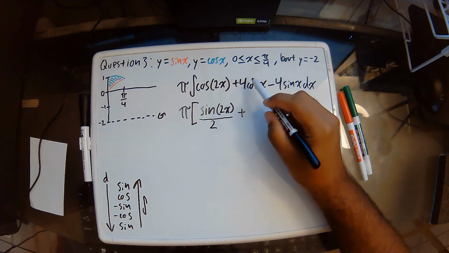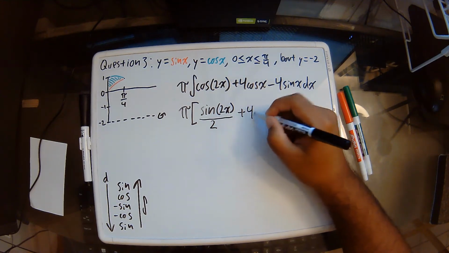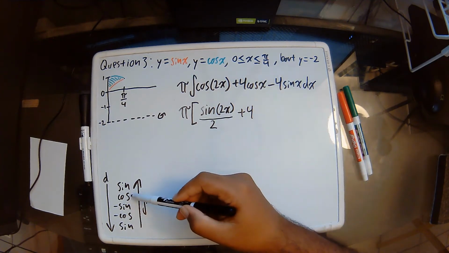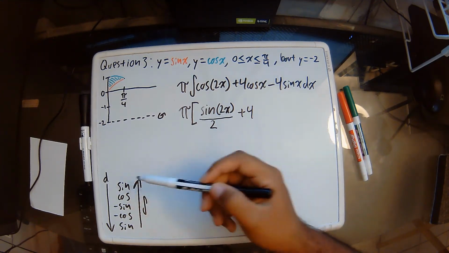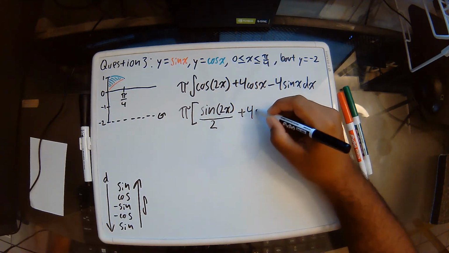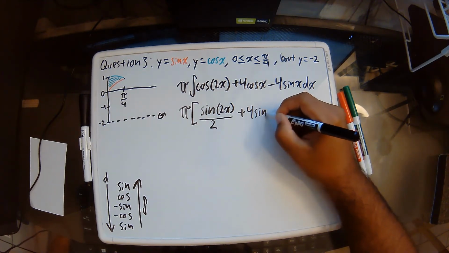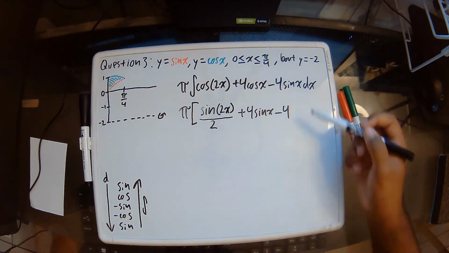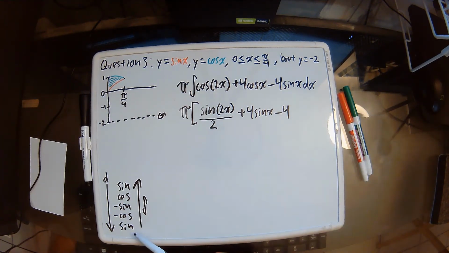Plus, what's our next term? 4. The 4 will stay there. Cosine of x. So again, we look back here, from cosine, we go to sine, because we were doing this method. Sine of x.